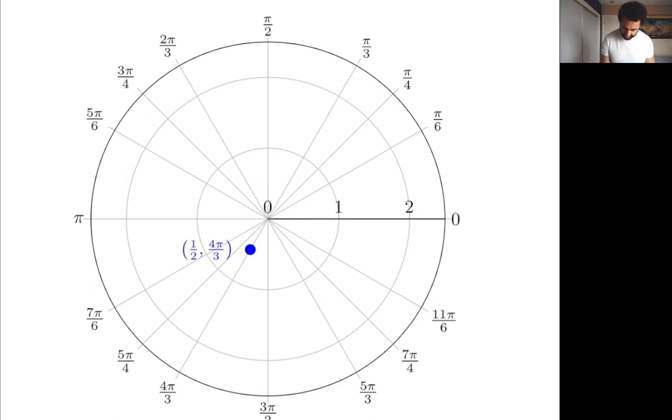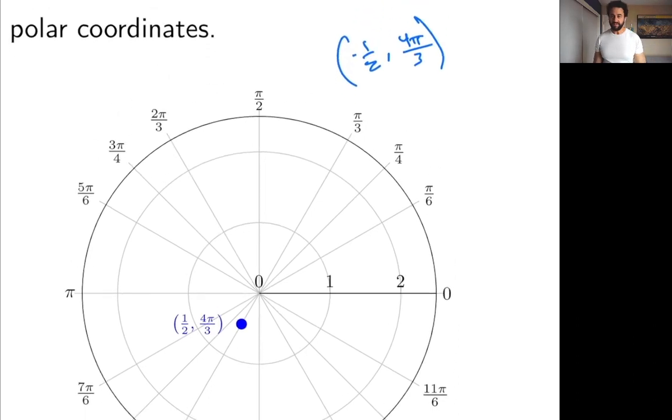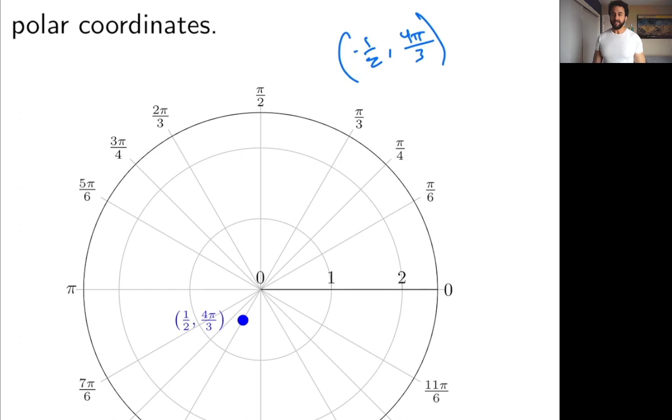Now, if I want to plot the point negative 1/2 comma 4 pi over 3, that means we're going to circle around by that same angle, but now the radius is going to be negative, so it's going to literally pass us through the origin up to here. So this would be the point negative 1/2 comma 4 pi over 3. That's the point right there.